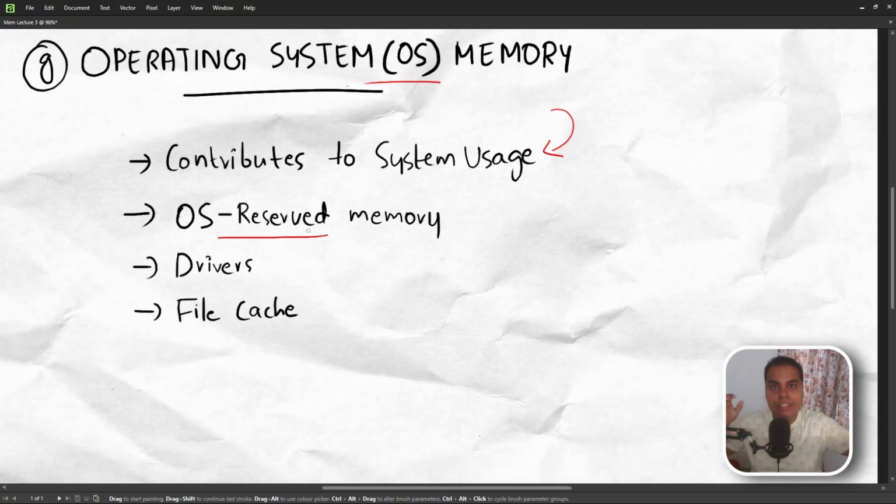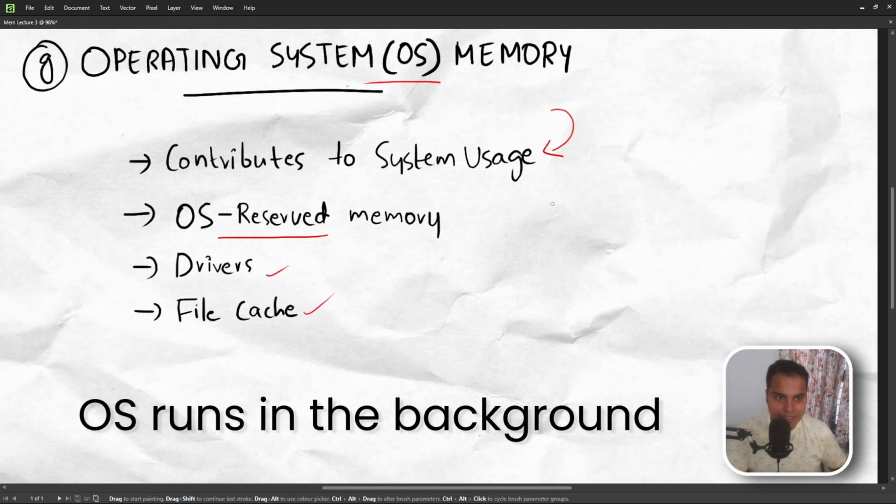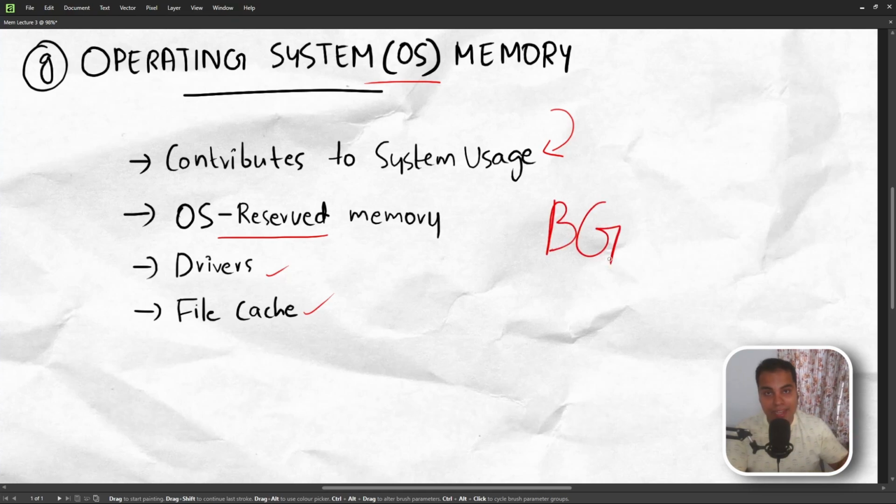This is very important for the functioning of your system in the first place. So things like drivers and file cache, these are just two things that I can name. There's countless more. So why are we talking about the OS? Because they run in the background, and this will be important when we talk about the performance of your game. The operating system runs in your background.